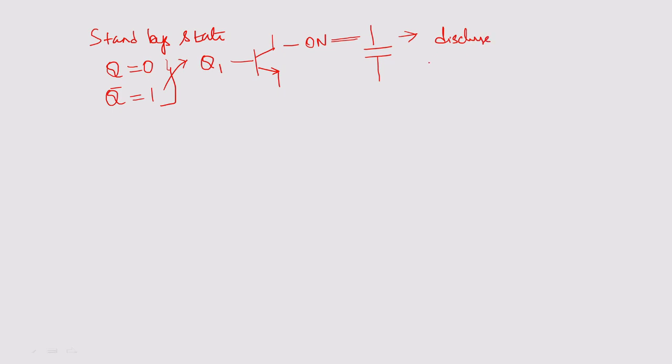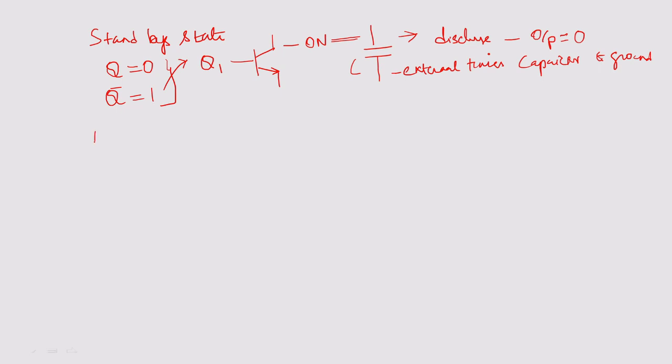Discharging has happened because of the external timing capacitor to ground. So it is discharging through this capacitor. Now your output will be 0. I hope you are clear.